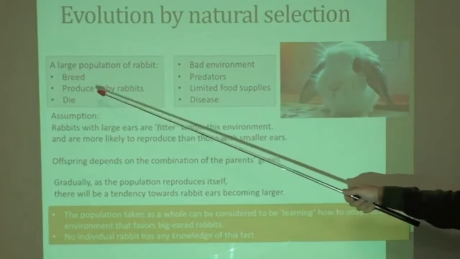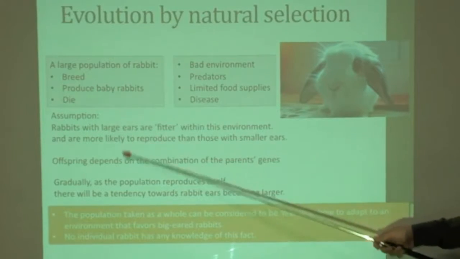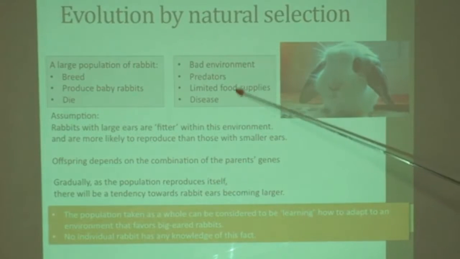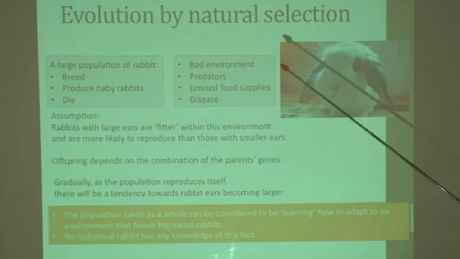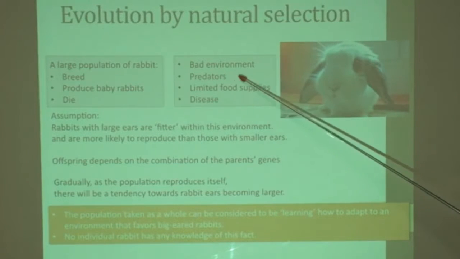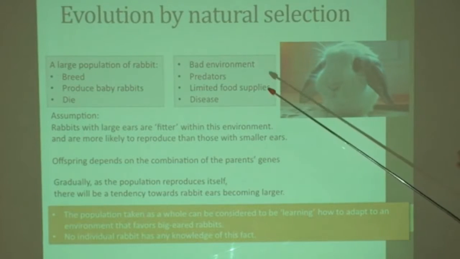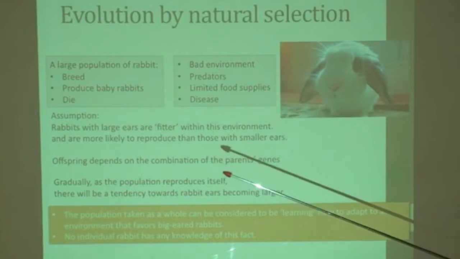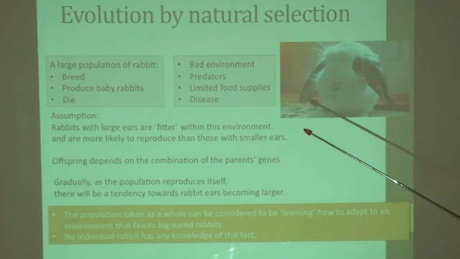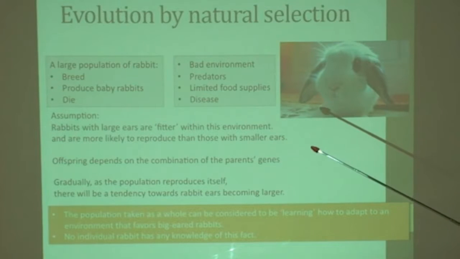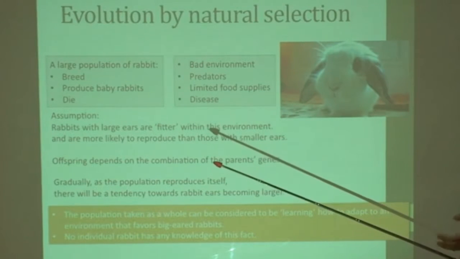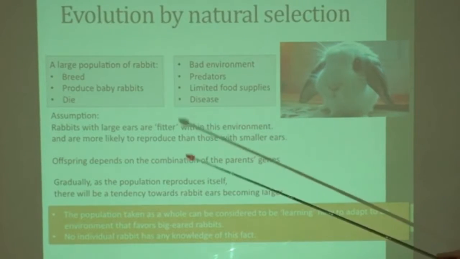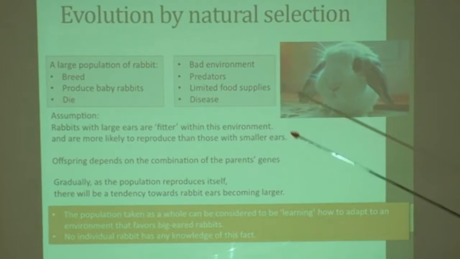They breed, they produce baby rabbits, and they die. At the same time, there are many outside, or environmental, factors. Perhaps the environment is quite bad, and there are predators that eat them, and also limited food supplies. These have a negative effect on the rabbit population, and there are also diseases in the population.